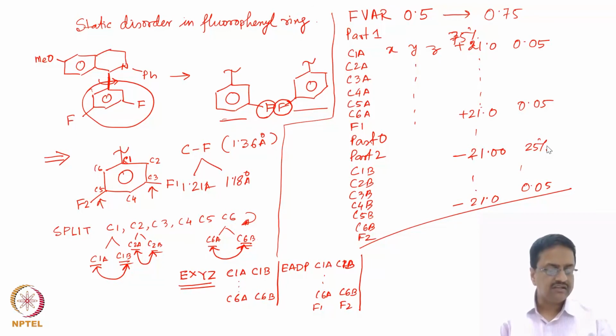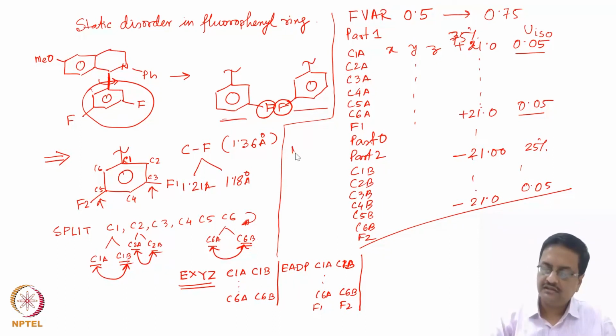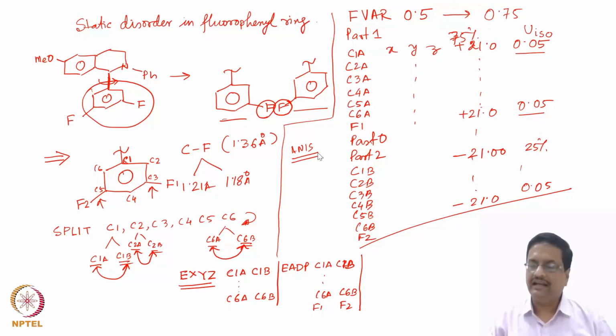After a refinement of 10 to 20 cycles, this FVAR is refined and converges to a number, and once that has converged, one should try to do the anisotropic refinement on the thermal parameter, which initially we took as U iso. So you do this anisotropic refinement with the command ANIS.